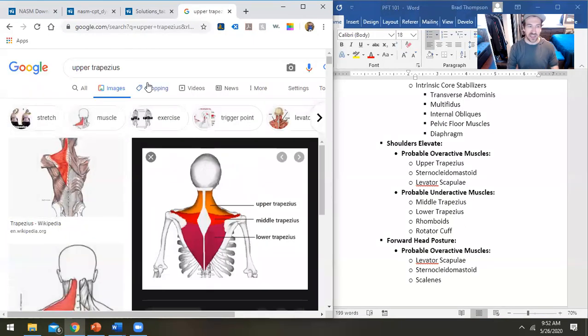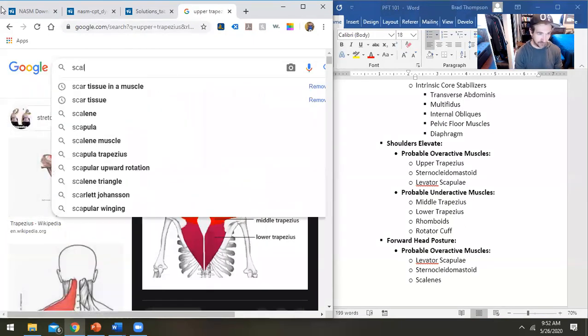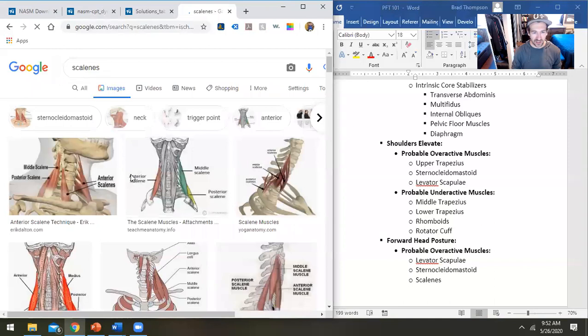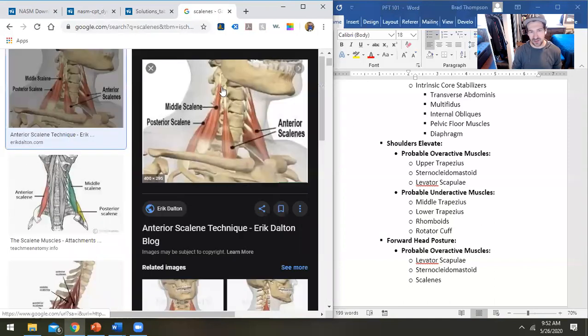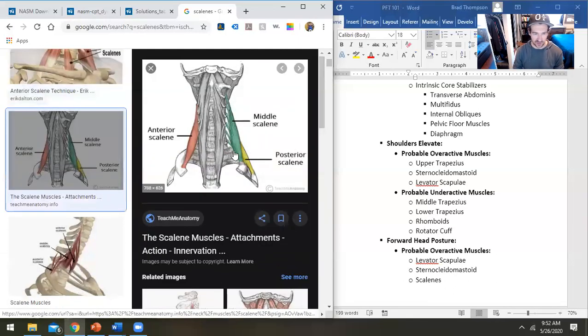And then if you look at your scalenes, they are these little tiny muscles on the side here. You've got some anterior and posterior ones. The anterior ones attach to the collarbone, and the posterior ones actually run down and insert right here. That's a great picture. So you can see here those scalene muscles.